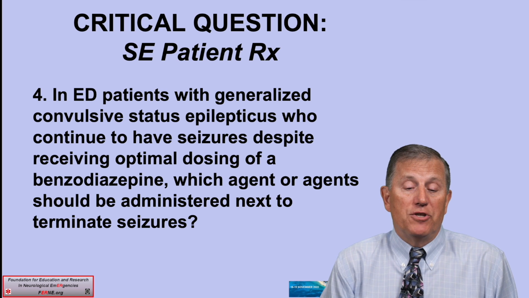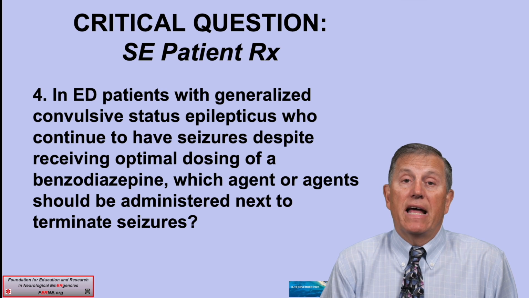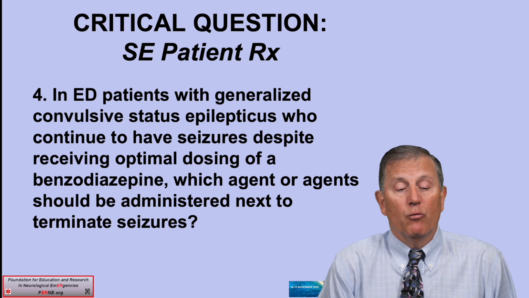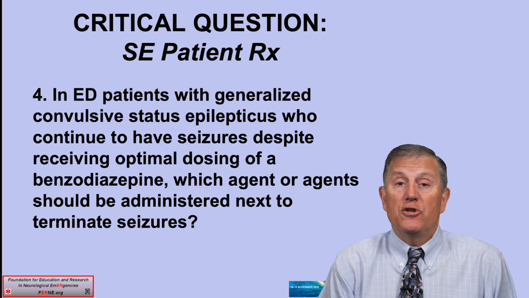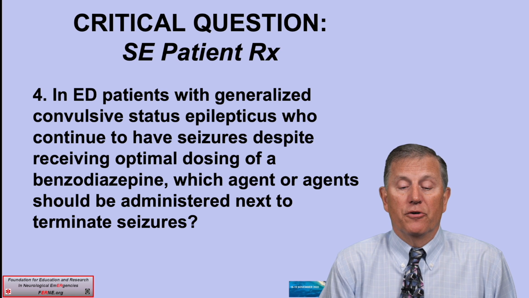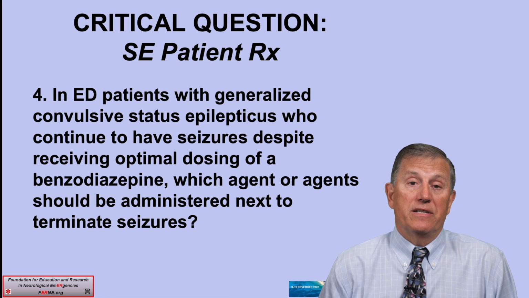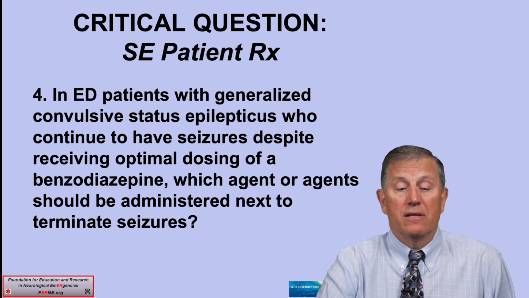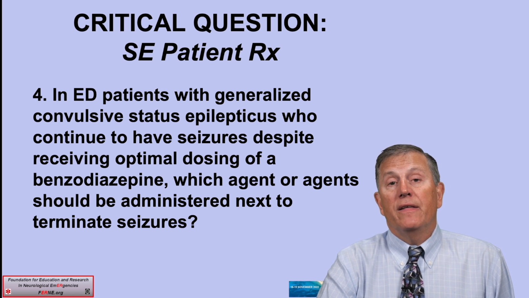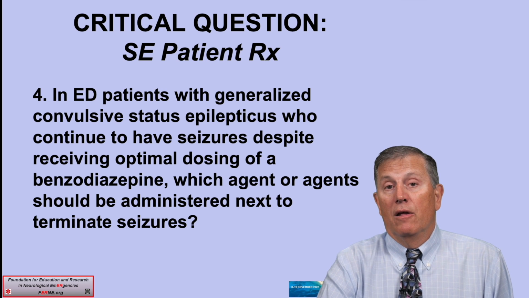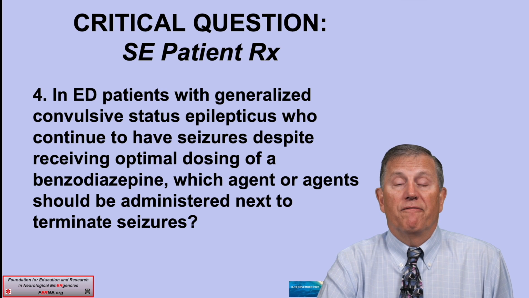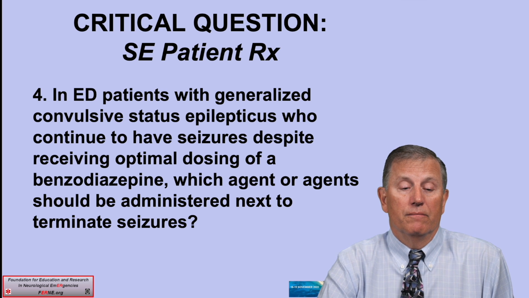In ED patients with generalized convulsive status epilepticus who continue to have seizures despite receiving optimal dosing of a benzodiazepine, which agent or agents should be administered next in order to terminate the ongoing seizure and status epilepticus? In other words, following the initial therapy with benzodiazepines, is there a second therapy drug that is preferred one over the other?